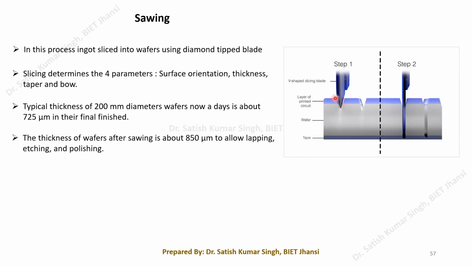So whenever we cut the ingot, like in this case, when we are cutting with this shape, a certain material will be lost. This material is removed.